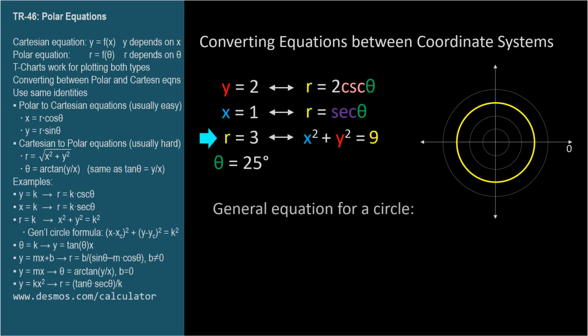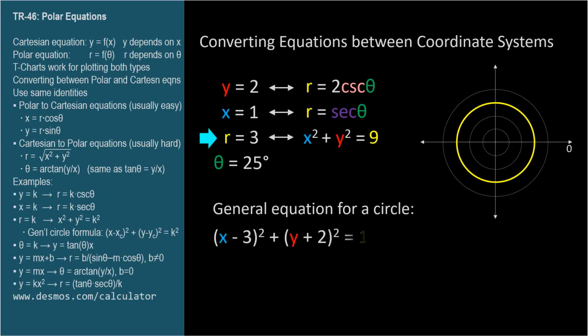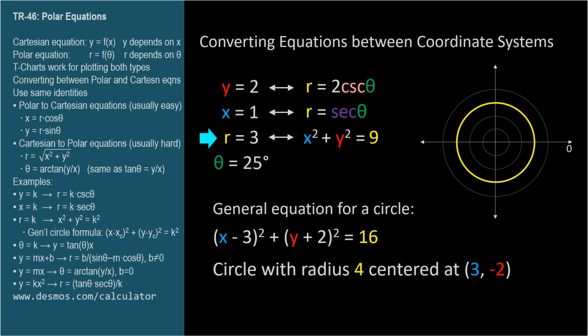The general equation for a circle is x minus x center squared plus y minus y center squared equals radius squared. The center of the circle can be anywhere in the plane by specifying coordinate values of x center and y center. For example, the graph of the equation x minus 3 squared plus y plus 2 squared equals 16 is a circle whose radius is 4, the square root of 16, and whose center is at 3, -2.